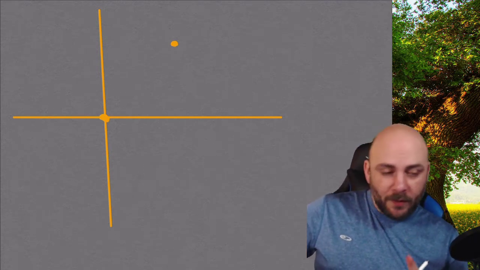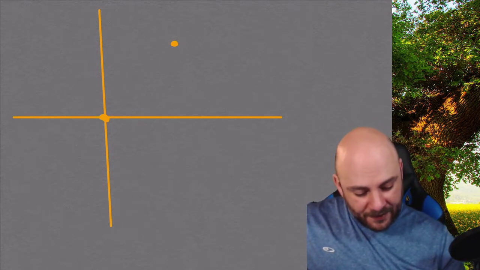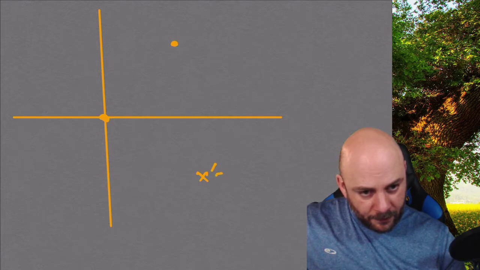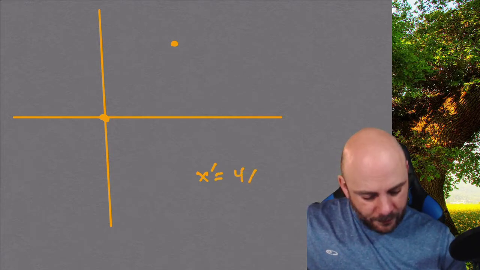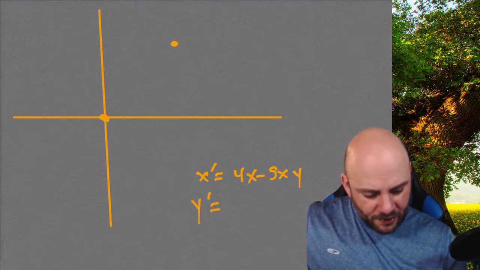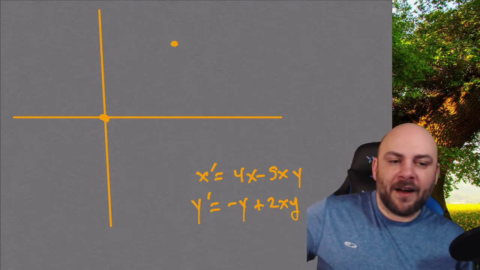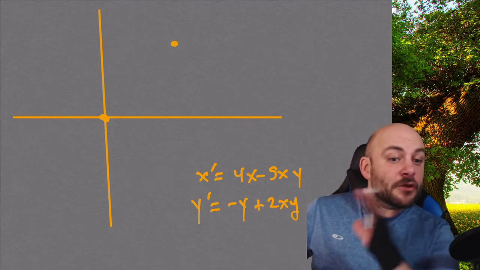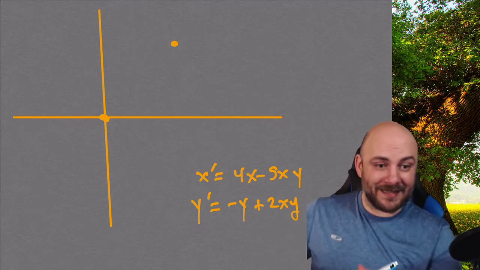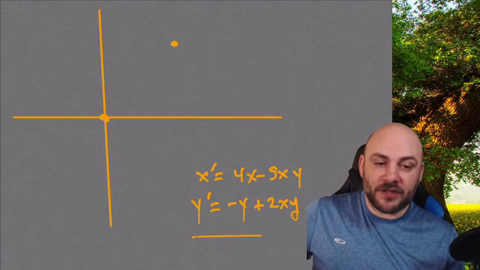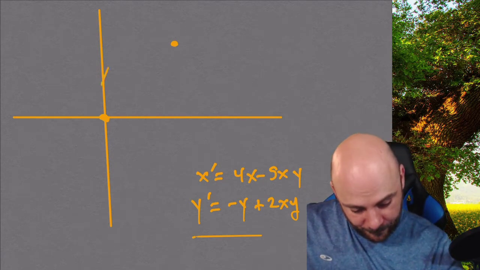My origin was a saddle. And now if we review what our equations were, we can actually see automatically that our origin is a saddle. Pretend there's no x's. So I'm on my y-axis. My y dot equation is y dot equals negative y.